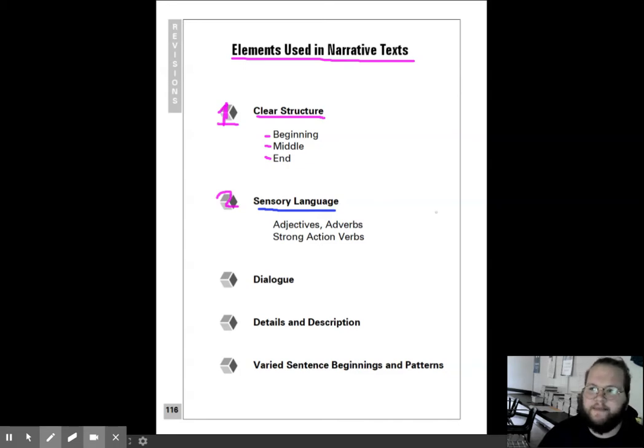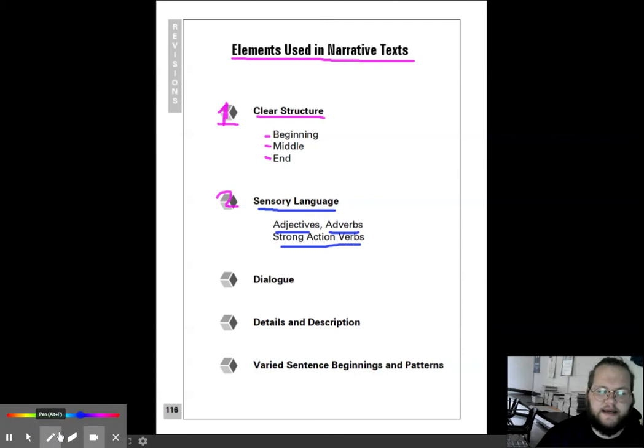So it's fuerte verbos, the adjetivos, the adverbios. They help you explain what's going on and give you a better picture. So explica la cuenta más mejor. So it consists of adjectives, adverbs, and strong action verbs.